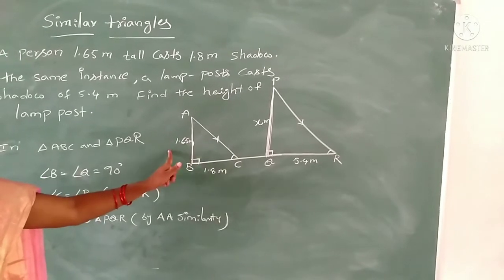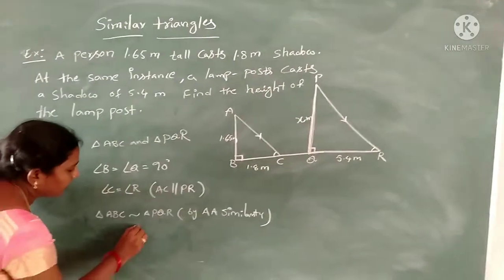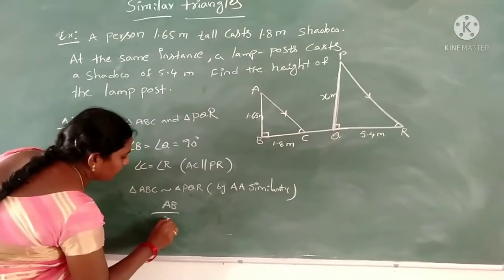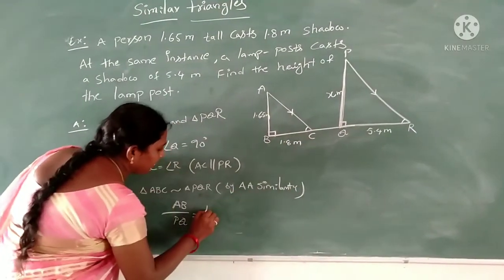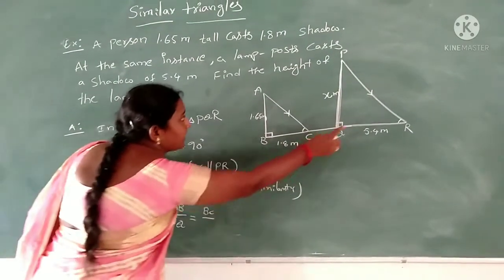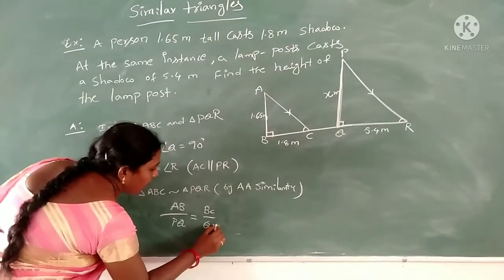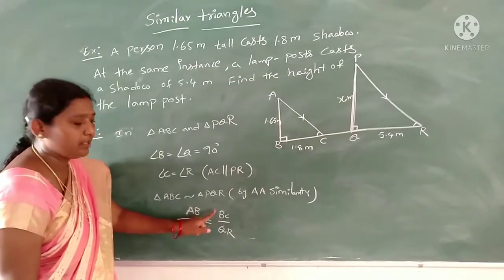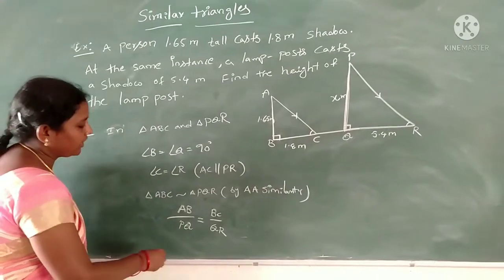Corresponding sides are in the same ratio. So we write AB corresponding to PQ, equal to BC corresponding to QR. So AB by PQ equals BC by QR. Next we substitute the values in the ratio.